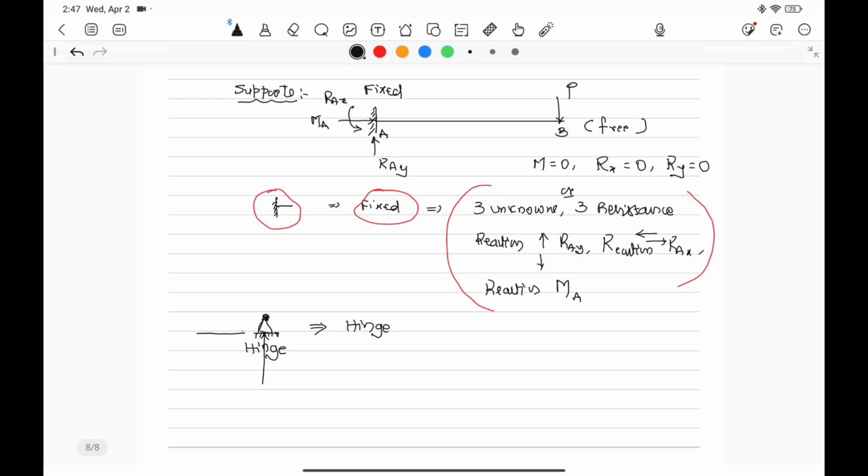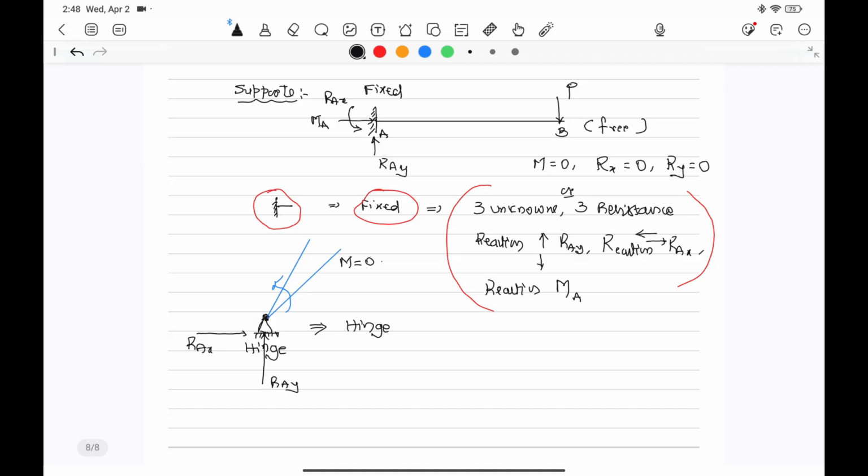There is no horizontal movement, hence reaction is required, RAY, RAX. Whereas this particular beam is rotated in any direction, so that M is equal to 0.